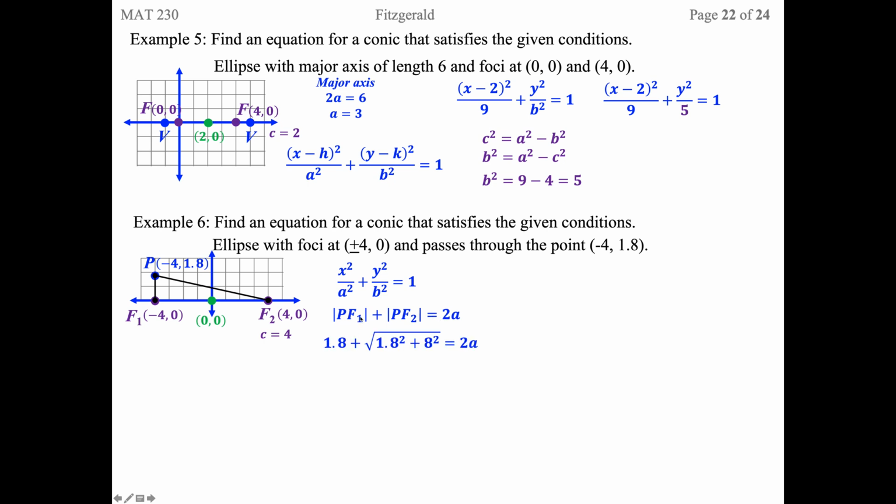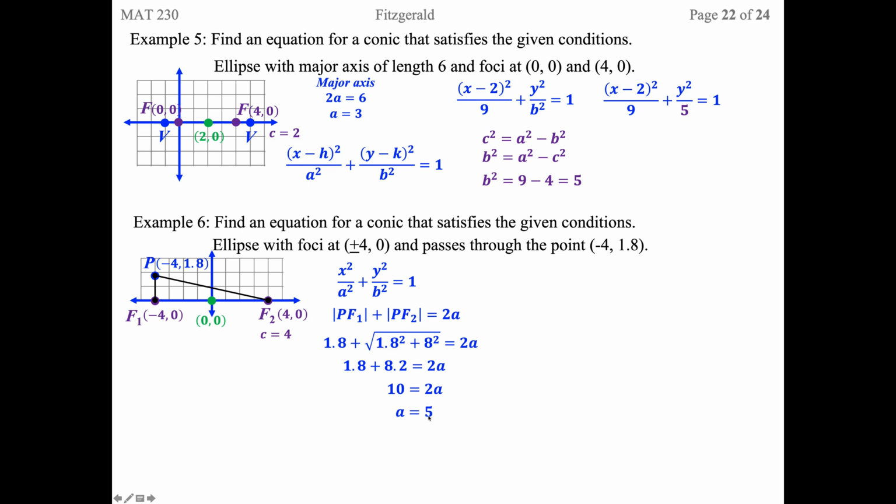Well, P to F1 is 1.8. That's that y coordinate. P to F2, we have a right triangle here. So that's going to be the square root of 1.8 squared plus 8 squared. Crunch the numbers here. That becomes 8.2. Add this together, we get 10 equals 2a, and a is equal to 5.